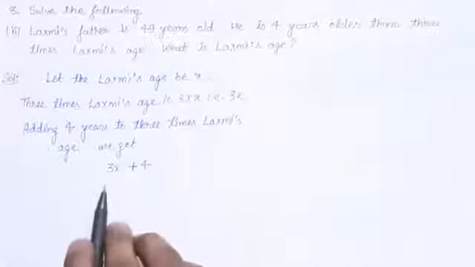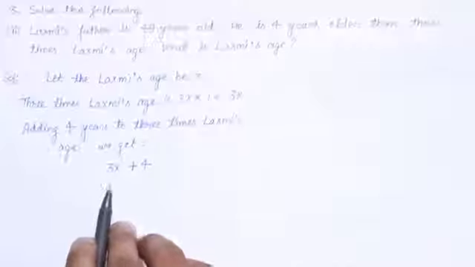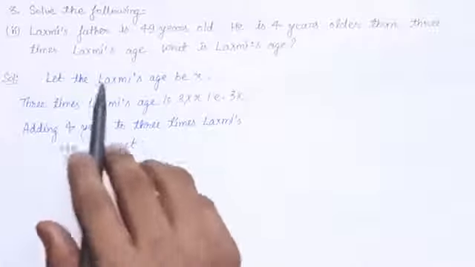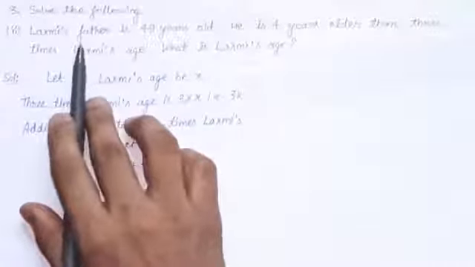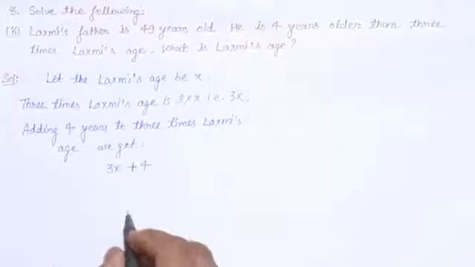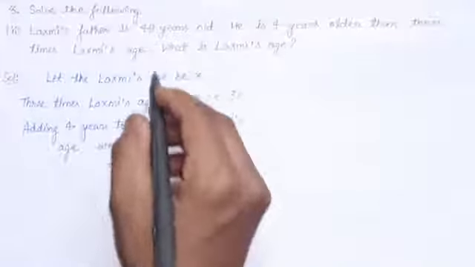It means the age of her father is 3x plus 4 years. But in this statement, it is given that Lakshmi's father is 49 years old. It means 3x plus 4 is equal to 49.